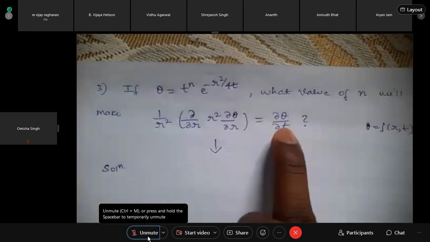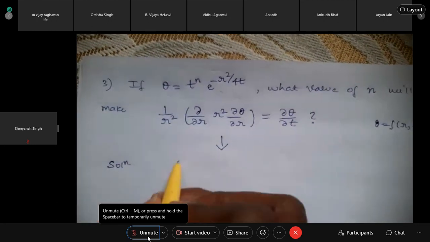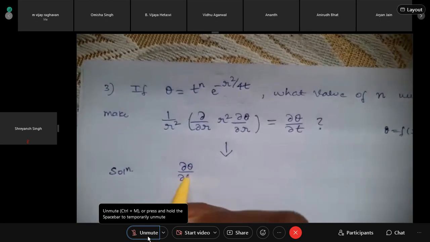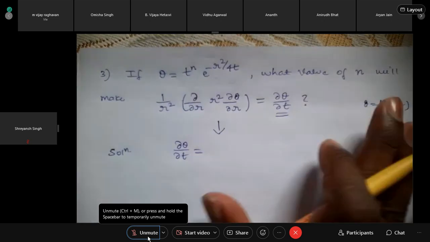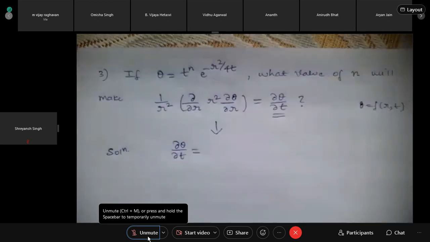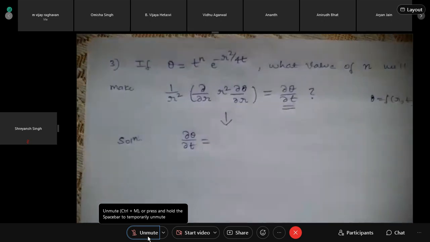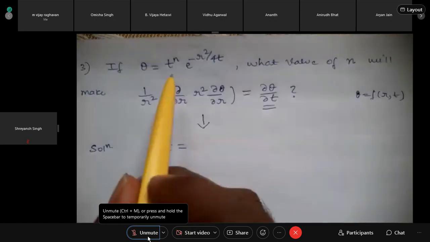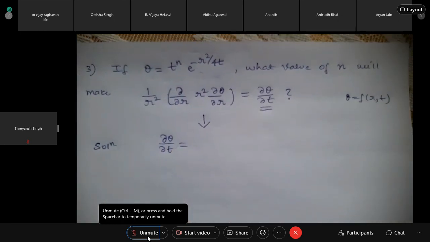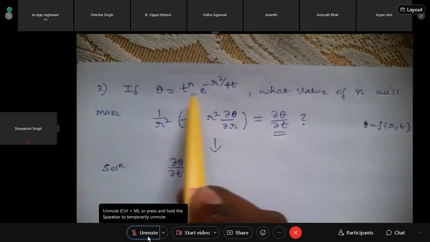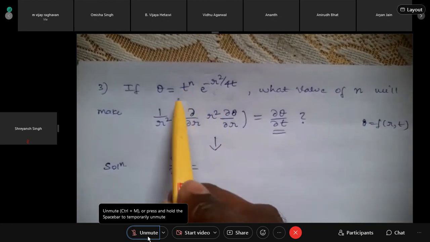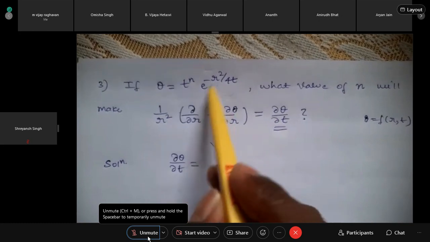Firstly, I will take dou theta by dou t, because it is the only partial derivative available on the right hand side. Let us finish that and then come to the left hand side part. How do you differentiate theta with respect to t? Theta has one factor, t power n, and another, e power something.